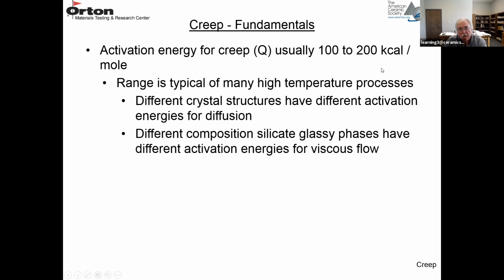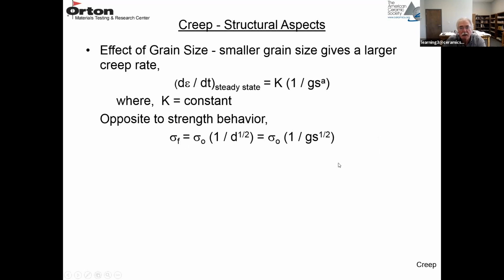So those activation energies are still in the same type of range, 100 to 200 kilocalories per mole. Because you have an overlap of activation energies and diffusion mechanisms, it's difficult to determine the actual mechanisms that are taking place.